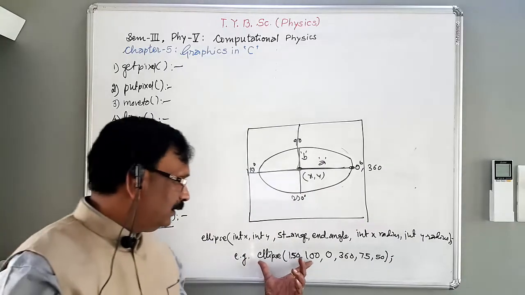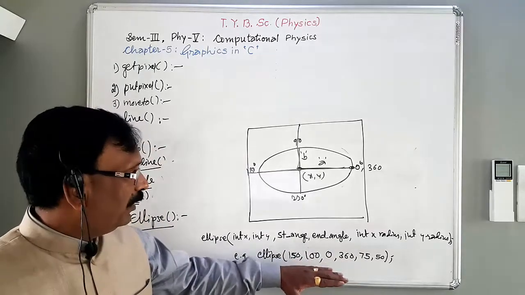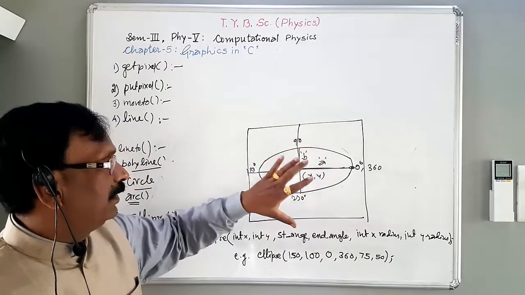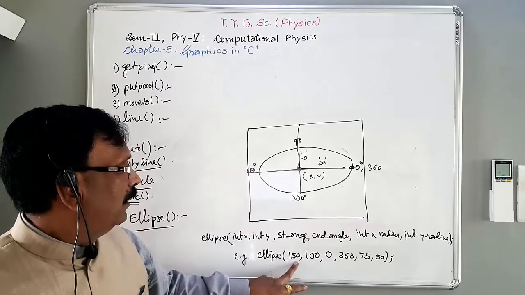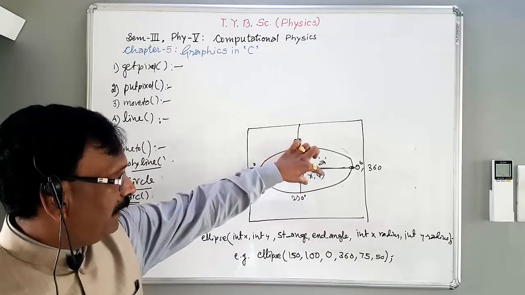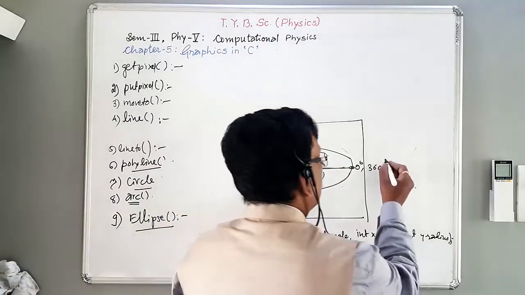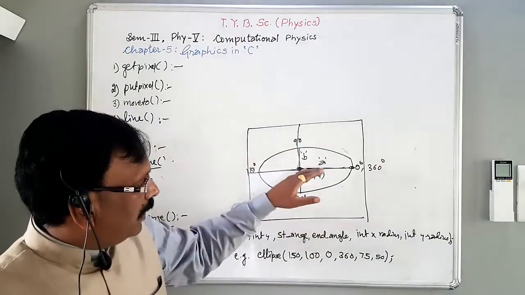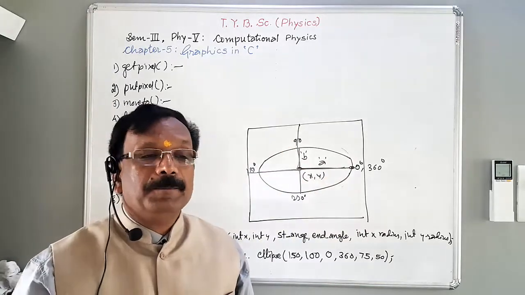Suppose we give this type of command to the computer. After execution of this command, the computer will display an ellipse like this, whose center is 150, that is x coordinate, and 100, that is y coordinate. This is the center. The starting angle of the ellipse is 0, the ending angle is 360 degree, and the semi-major radius of the ellipse is 75 and the semi-minor radius is 50.